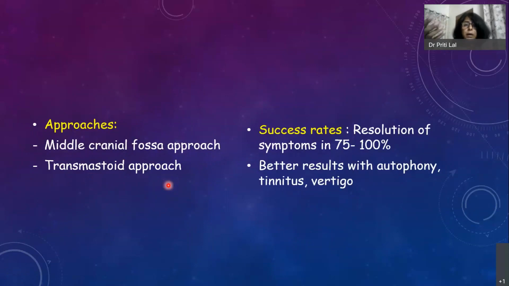Supposing there is a dehiscence on the arcuate eminence of the superior canal, that can be easily approached by the middle cranial fossa approach. Now, whatever be the surgery adopted, there will be resolution of symptoms in 75 to 100% of the cases, with better results being seen with symptoms like autophony, tinnitus, and vertigo.